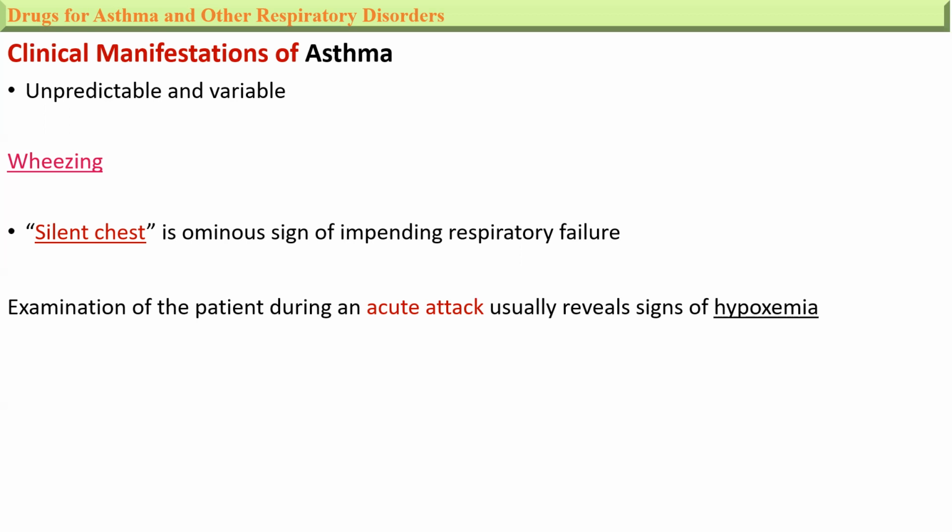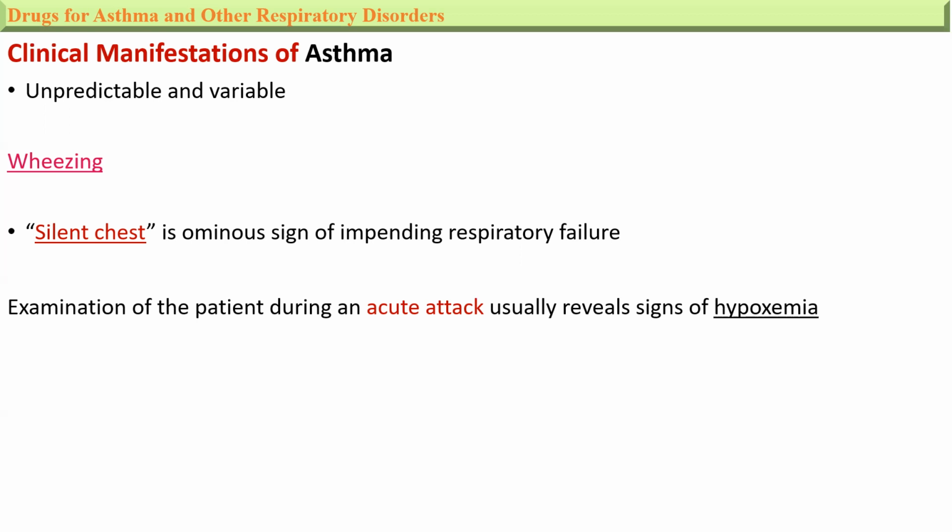It will also be very difficult for the patient to mobilize their secretions, which will block the airway and add more factors that obstruct the airway.